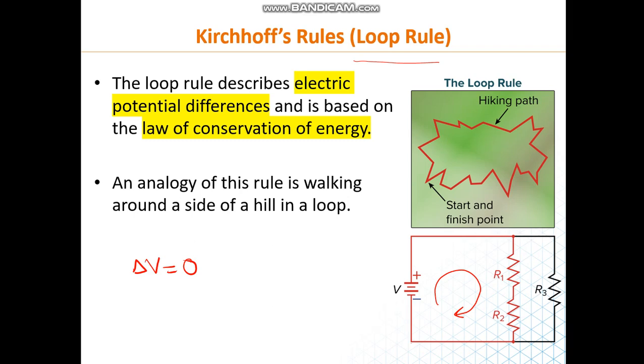For sure, potential is rising here, or the battery is giving electrons some energy, and this energy will be lost in R1 and R2. So whatever is gained as energy for the electrons from the battery will be lost in the resistors. It is just one form of conservation of energy. The battery gives energy to the electrons.